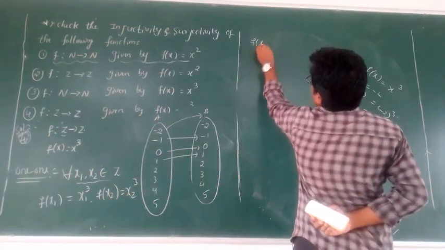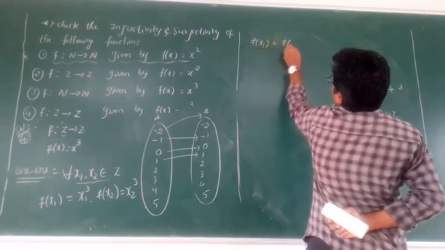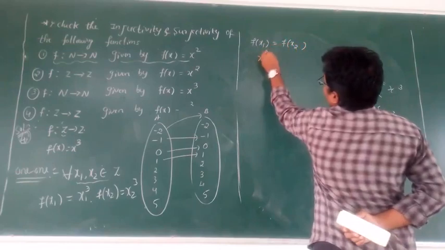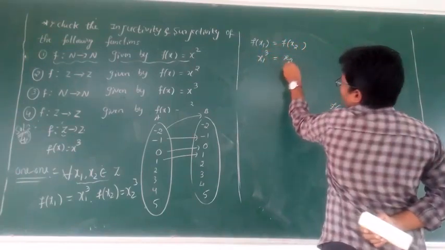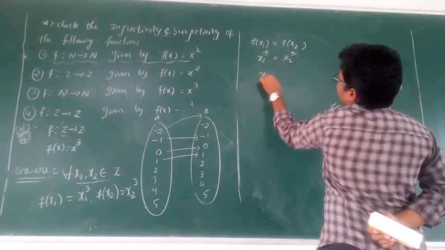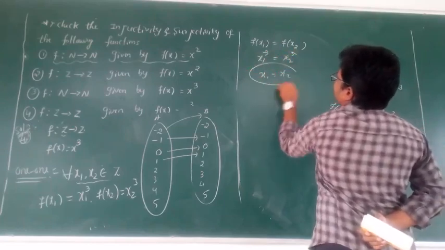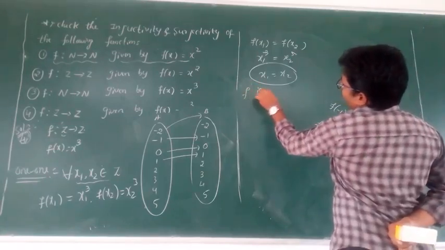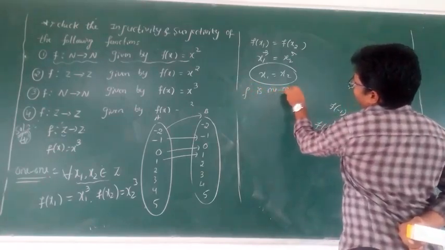F of x1 is equal to f of x2, so x1 cube is equal to x2 cube. The cubes cancel, so x1 is equal to x2. So f is one-one.